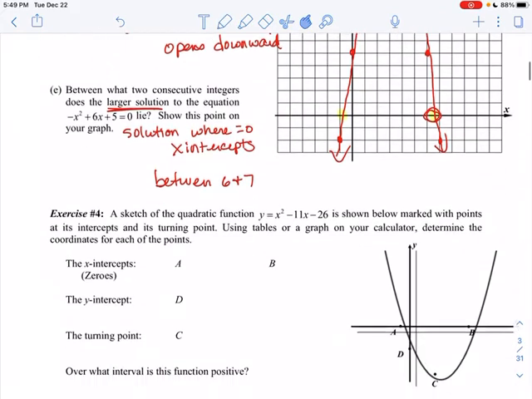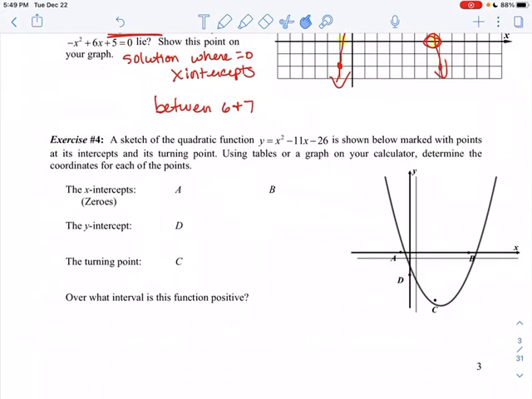All right, and last one here, a sketch of the quadratic function y equals x squared minus 11x minus 26 is shown below, marked with points at its intercepts and its turning point. Use a table or a graph on your calculator to determine the coordinates for each point. All right, so I'm going to put this into your graphing calculator, so everybody do that right now. Put y equals x squared minus 11x minus 26 into your graphing calculator.